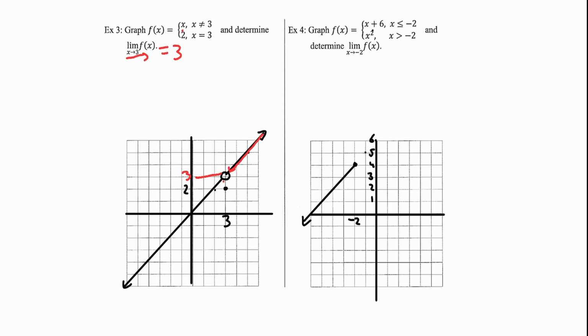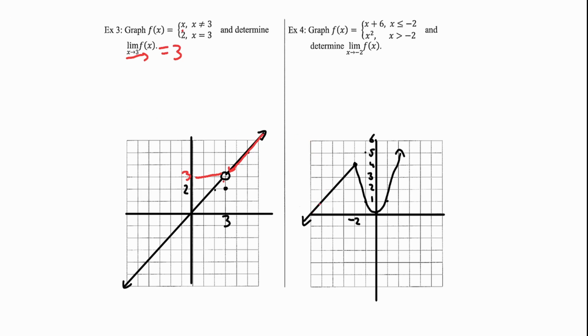And then it will just go down from here. And now we need to graph x squared when x is greater than negative 2. So let's draw y equals x squared. It's just going to look like this. And we're asked to approach negative 2 from both sides.